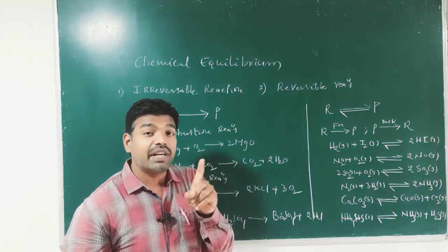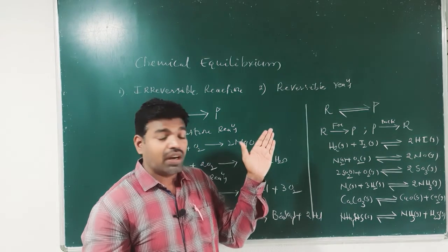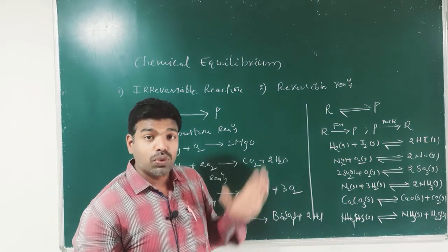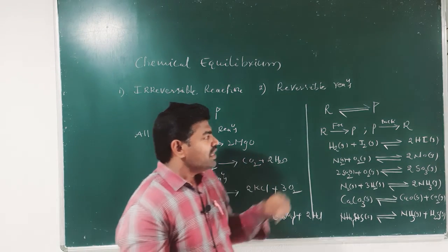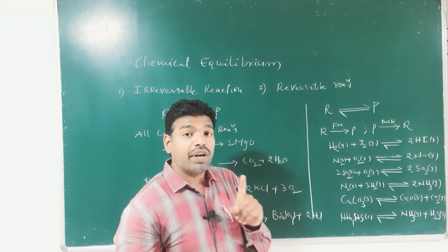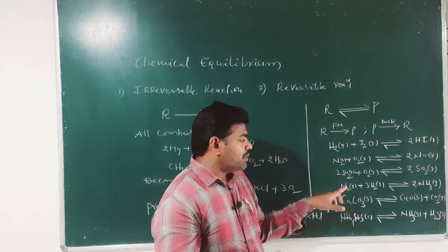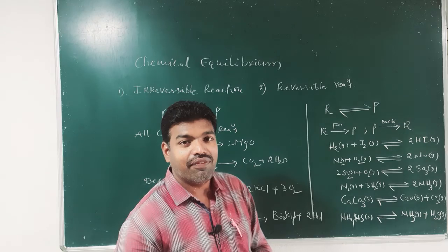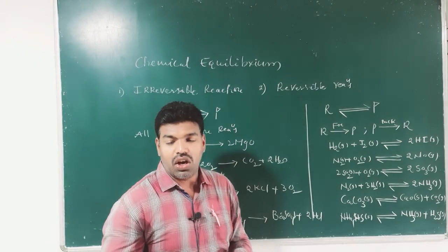But in reversible reactions equilibrium is established, and the establishment of that equilibrium includes chemical and physical processes. And one most important point that you should remember is that for reversible reactions we can apply the law of mass action. What is the law of mass action?